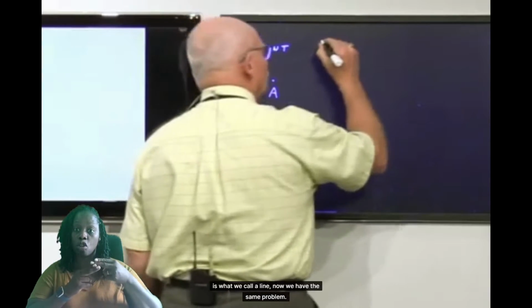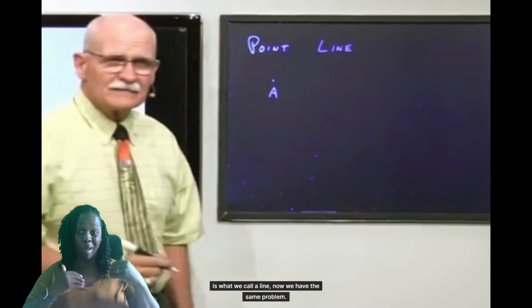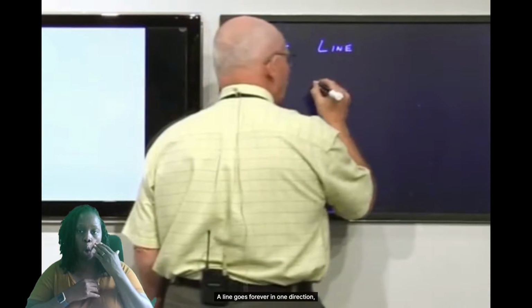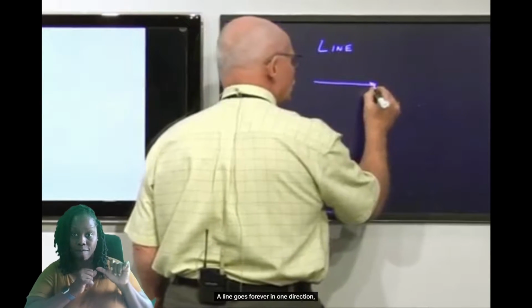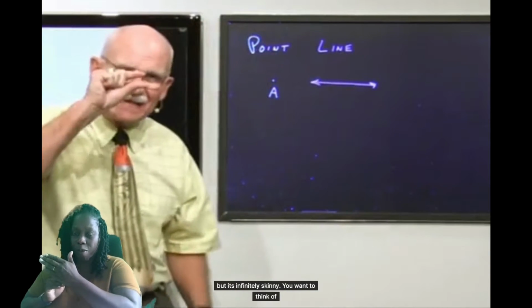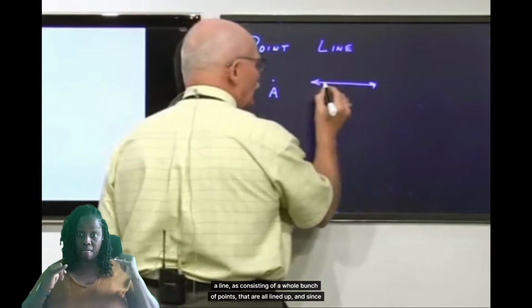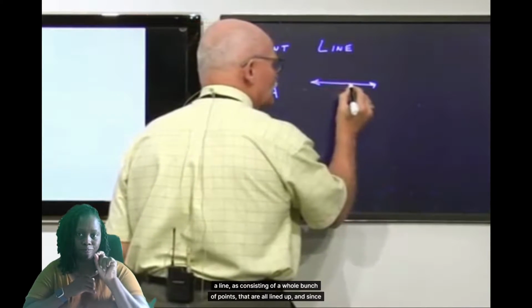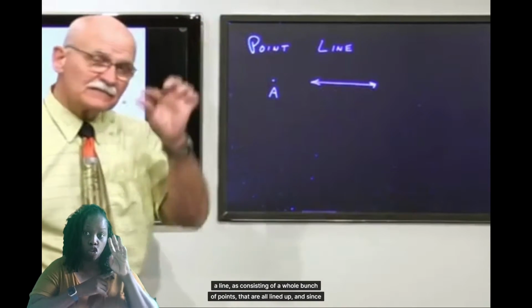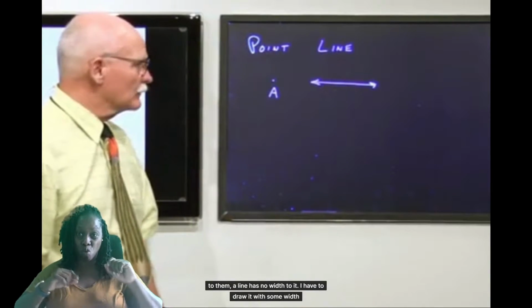The second one is what we call a line. And now we have the same problem. A line goes forever in one direction and forever in another direction, but it's infinitely skinny. You want to think of a line as consisting of a whole bunch of points that are all lined up. And since those points have no width to them, a line has no width to it.